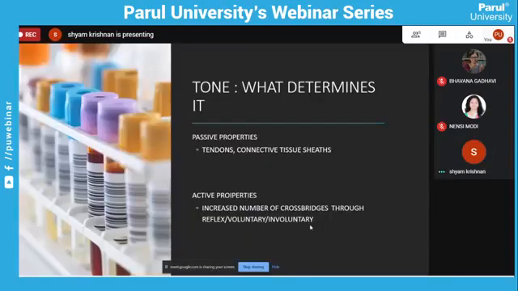If you define tone as the resistance which is offered to a passive movement, there are essentially two different entities which contribute towards that resistance. The first one is the passive properties. Passive properties are those properties of the musculotendinous structure which are not dependent upon generation or utilization of ATP.